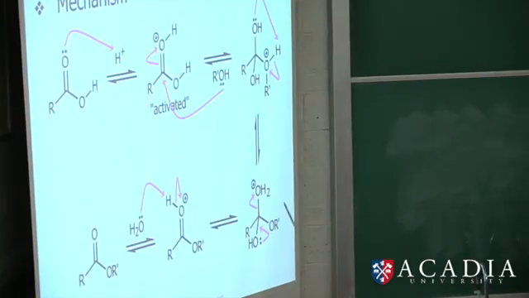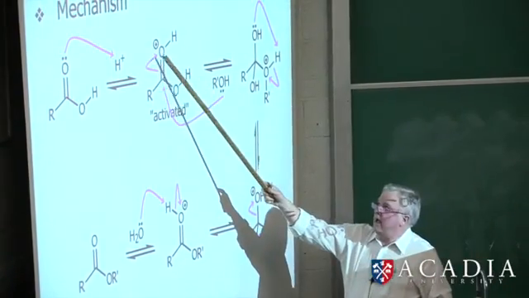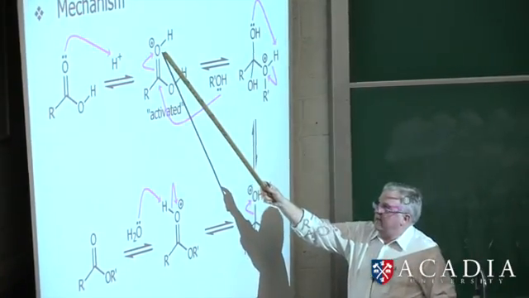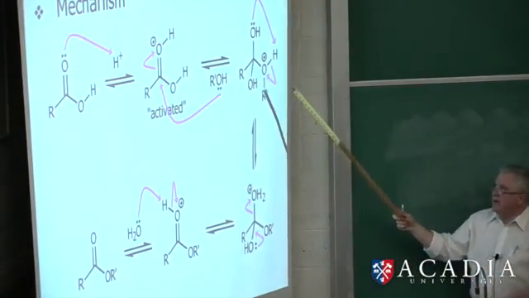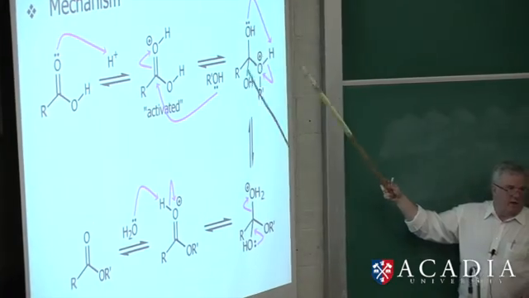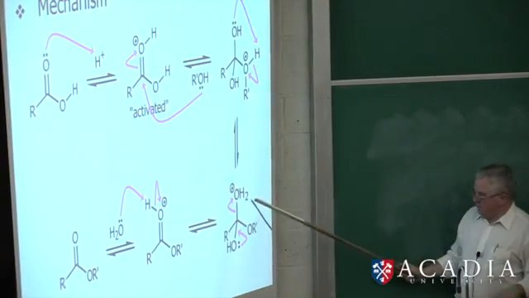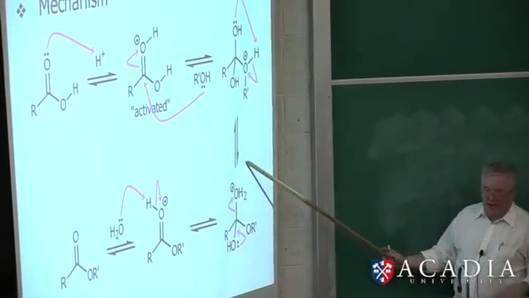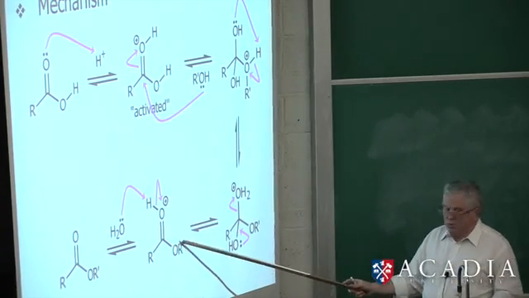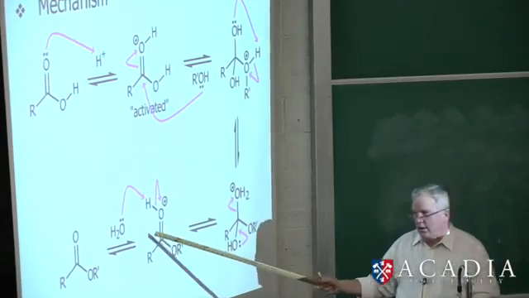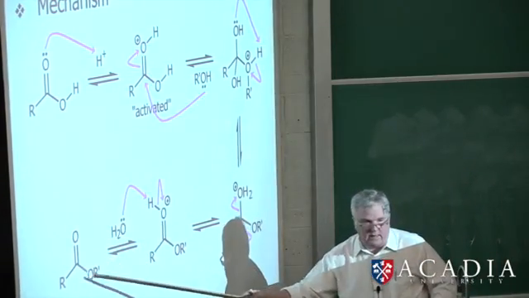So the activation of the carbonyl compound by the acid, it can then get attacked by the alcohol, form our tetrahedral intermediate. We get a series of protons jumping on and off until the proton's in the right place. And once it's there, it can lose water and give us our protonated ester. It loses the proton, and we get our ester.